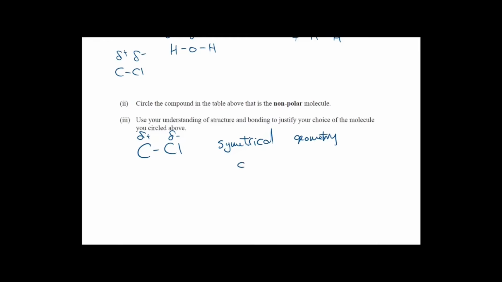So even though each of these bonds here are polar, the molecule itself is tetrahedral, meaning that it might be negative here, but it's also negative here and here, balancing that out.